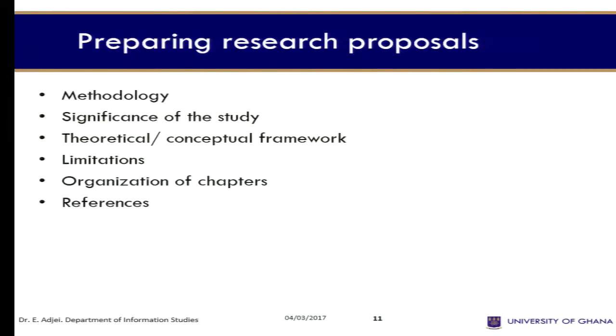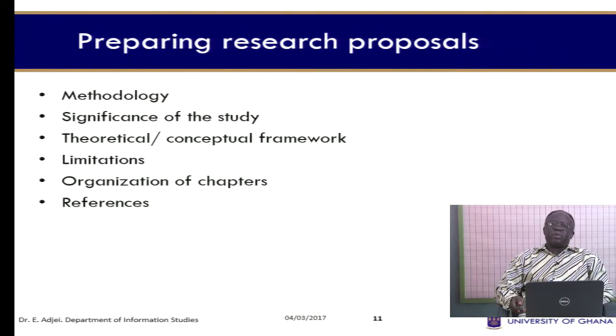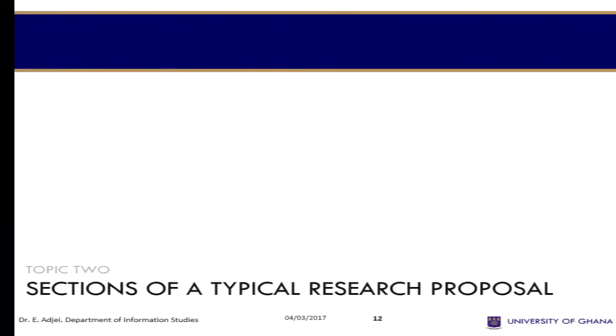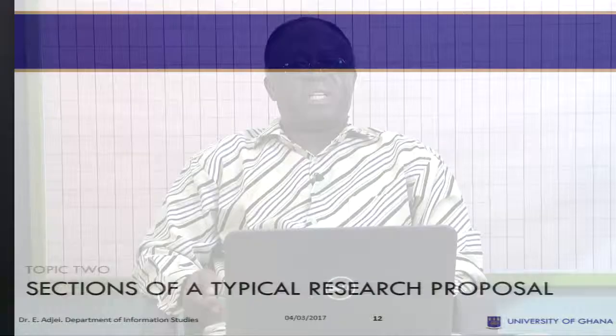And then also you have the methodology, the significance of the study, your theoretical or conceptual framework that guides the conduct of the study or that underpins the study, and then the limitations of the study, and then the organization of the chapters and your references. In this session, we provide you with an example of a typical research proposal.